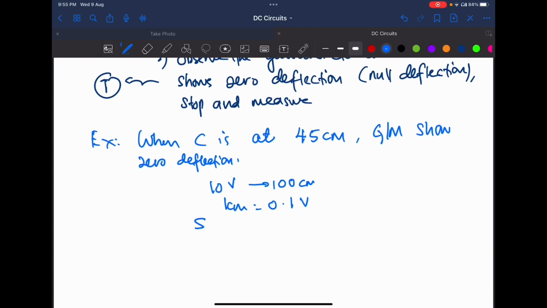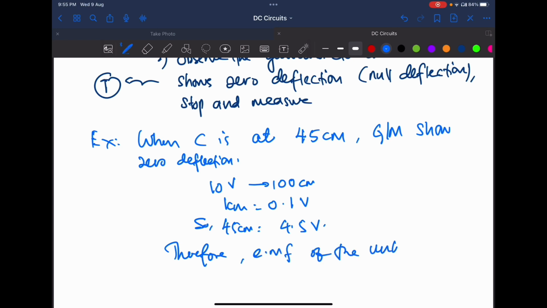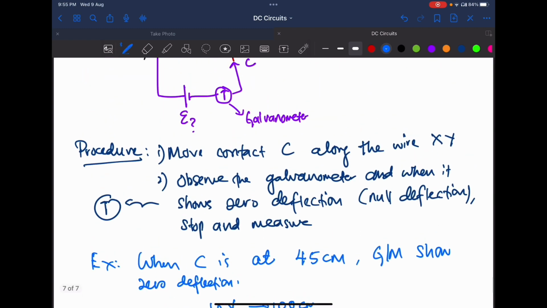So 45 centimeter is 4.5 volt. Therefore, the EMF of the unknown cell is 4.5 volt.